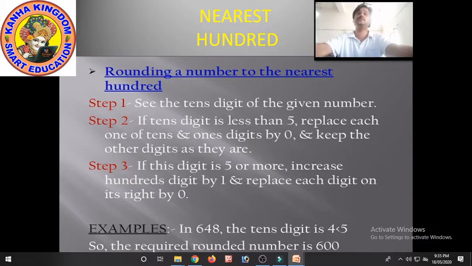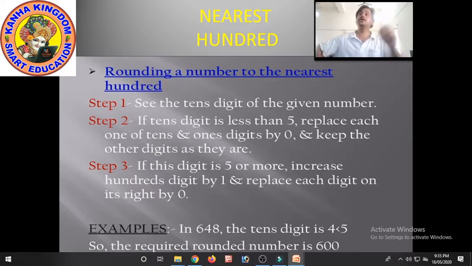In the second step, same thing as in the previous step. Previous step means nearest 10, not the first step. So what is this? If the tens digit is less than 5, replace each number of the tens and ones digit by 0 and keep the other digit as they are.